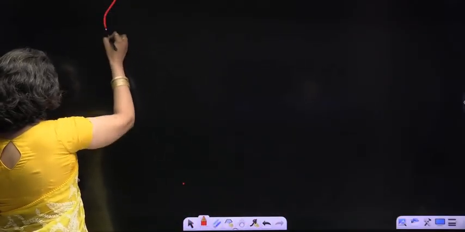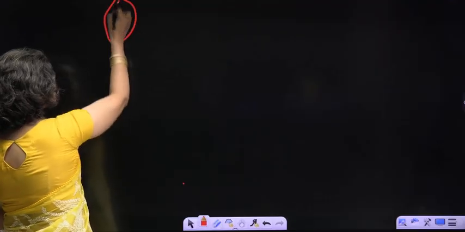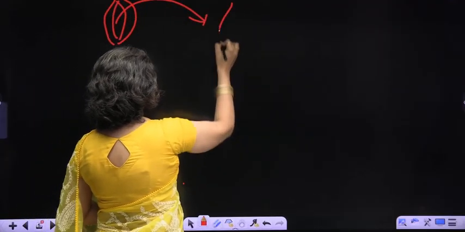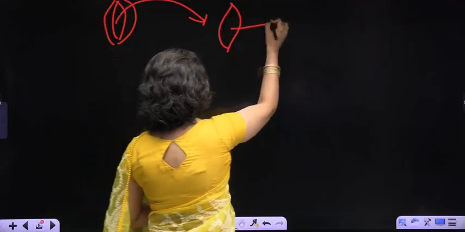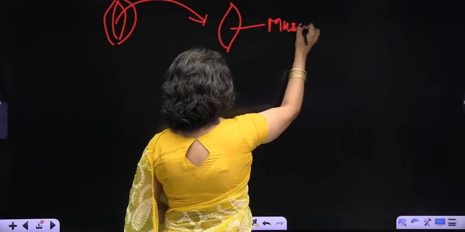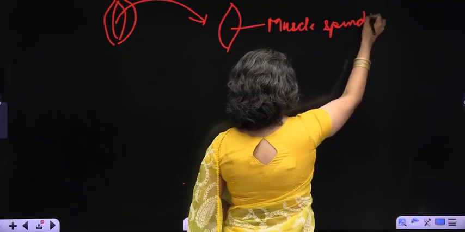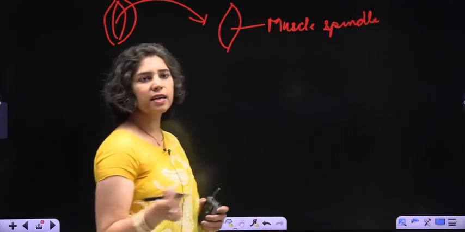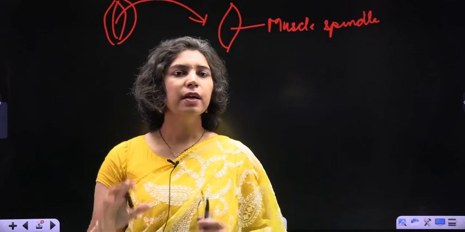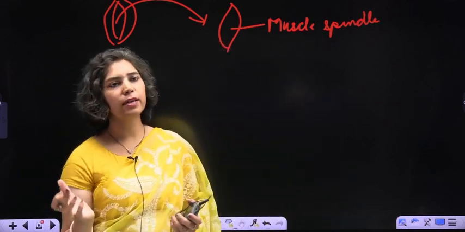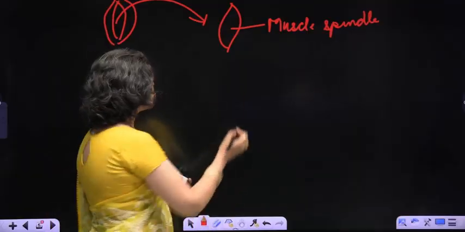So that is how we represent the whole muscle, and from that whole muscle, a small part represents intrafusal fibers. So here there is a muscle spindle. Now as we had discussed in the previous slide, there are two types of these muscle spindle fibers, nuclear bag fibers and nuclear chain fibers.